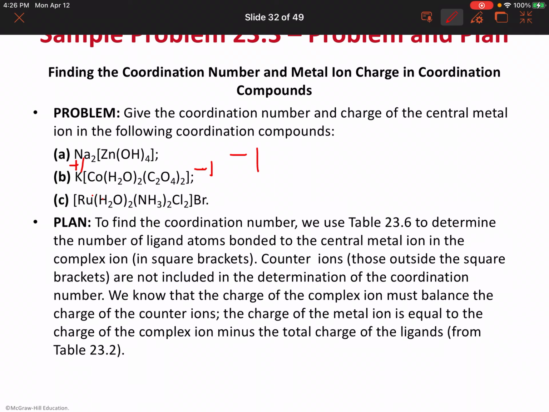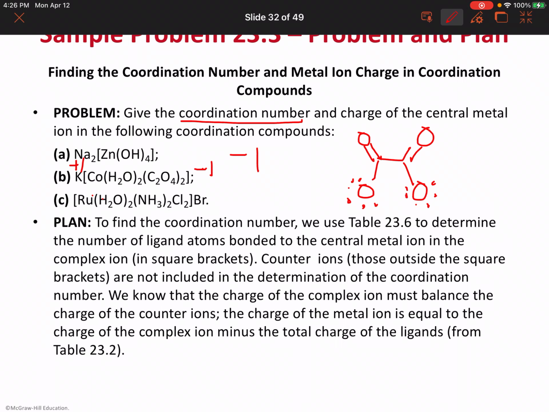So to find out the coordination number, you're going to simply count how many things are attached to cobalt. There are 2 water molecules, and C2O4 is this structure, oxalate. Remember I showed you this one. And there are 2 coordination sites in oxalate ion.